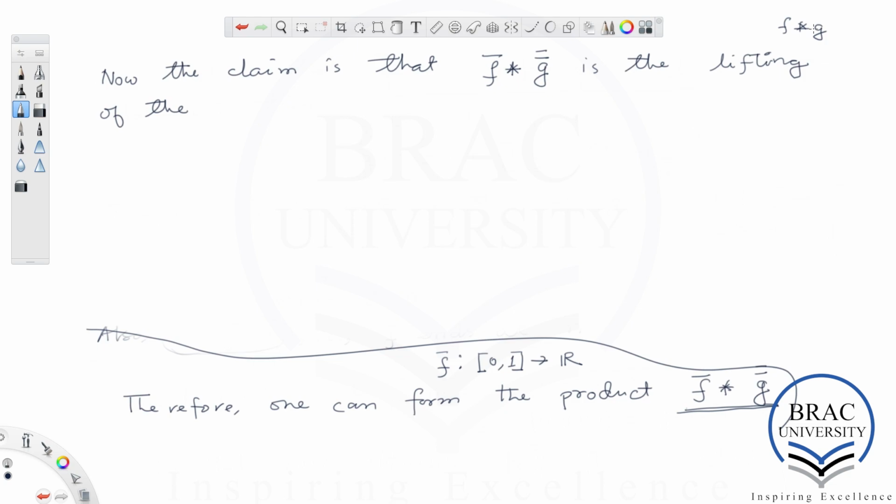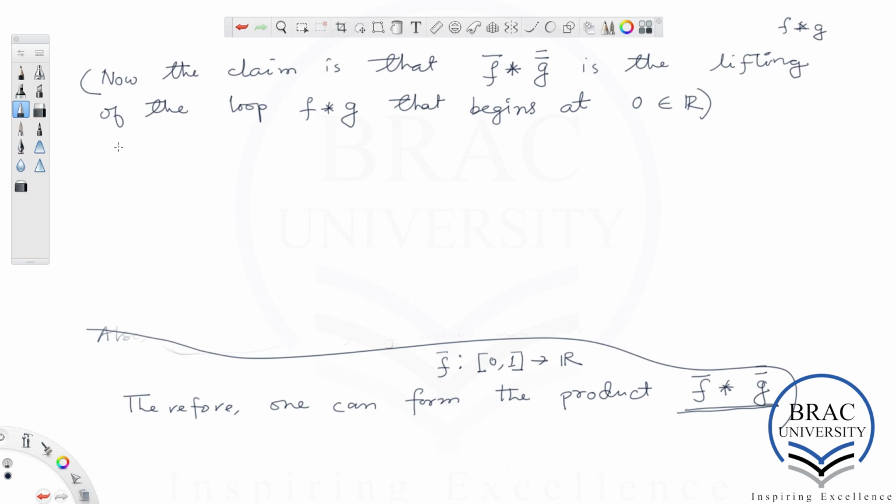So now the claim is that this is the lifting of the loop F star G that begins at 0 of the real line. Okay, so in the rest of the lecture we'll prove this claim.